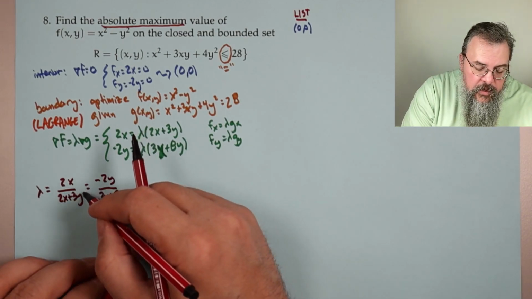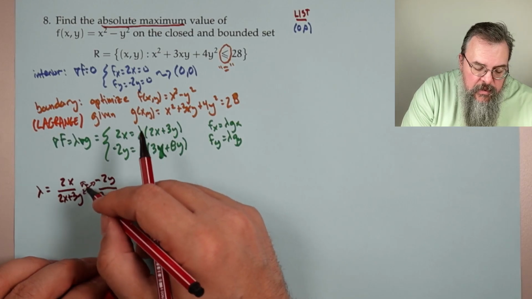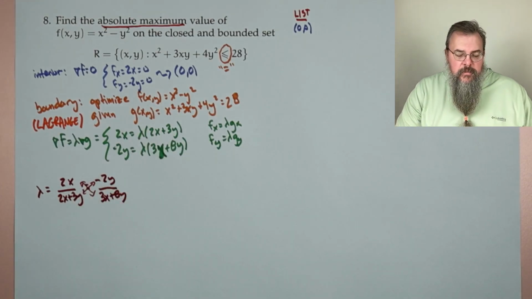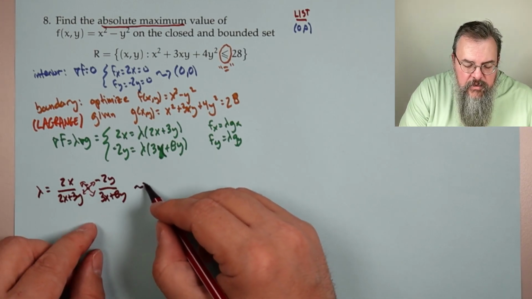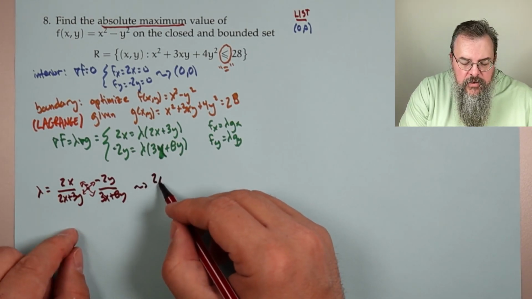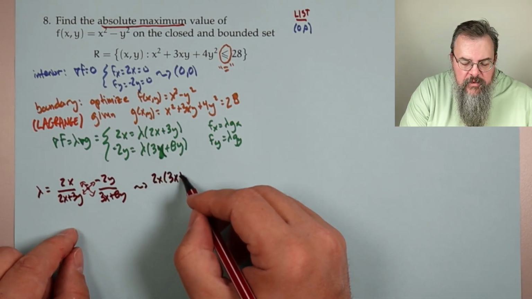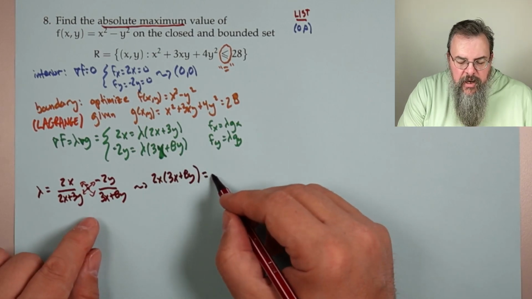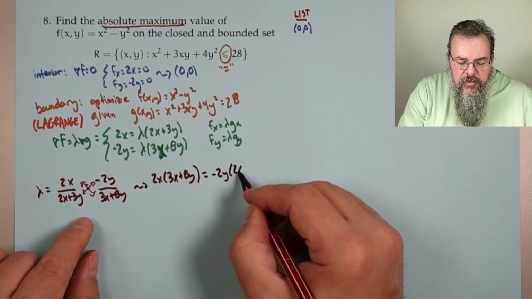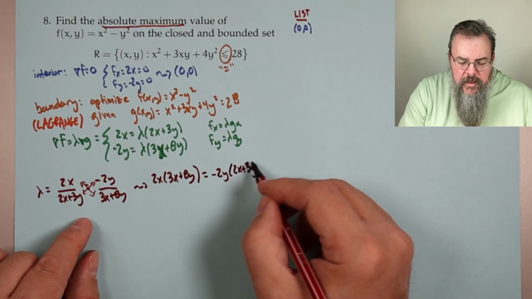Now, cross multiply. That leads us to the equation 2x times 3x plus 8y is going to be equal to minus 2y times 2x plus 3y.